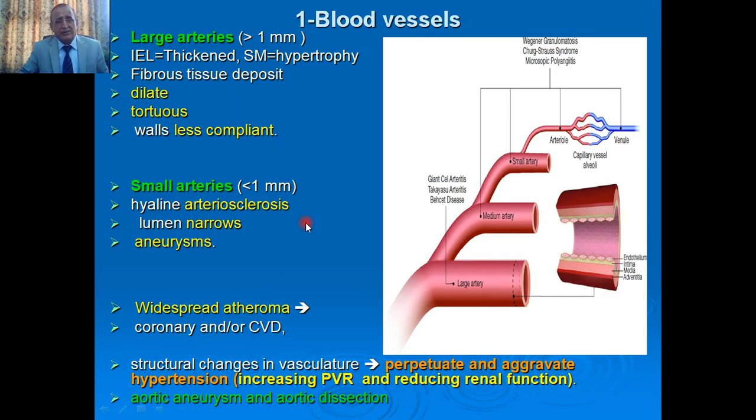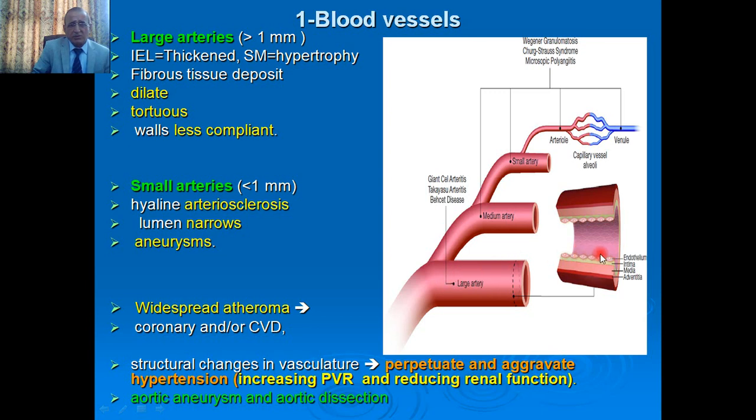Regarding the blood vessels, you have large and small arteries. If you subject these arteries to high pressure continuously, by the way, hypertension by definition, and I will tell you during checking of blood pressure, is a chronic process. When these arteries are subject to chronic pressure, they will get changes in their walls.